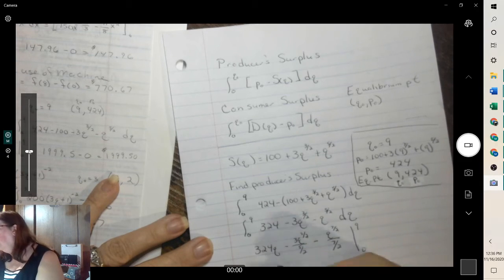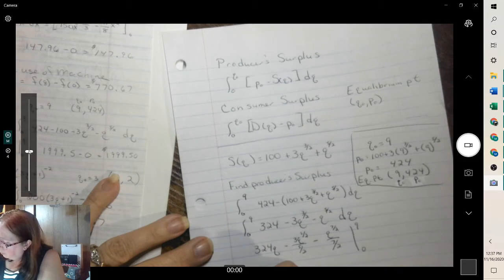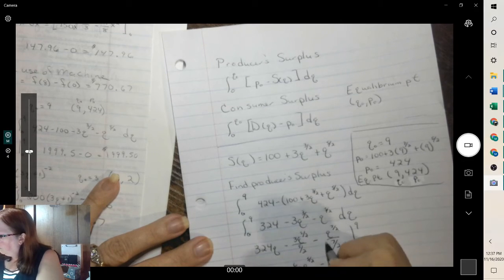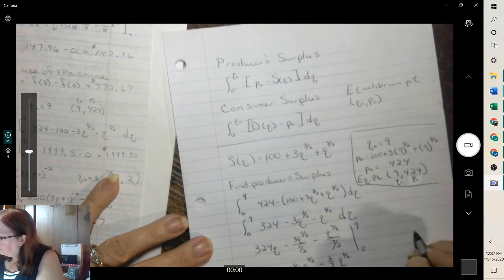Now you can reduce this sum by flipping this, or you can plug it in like this. 324Q minus, flipping this would be 6/5 Q to the 5 halves. Flipping this one to 2/7 Q to the 7 halves. And we're plugging in 0 and 9.